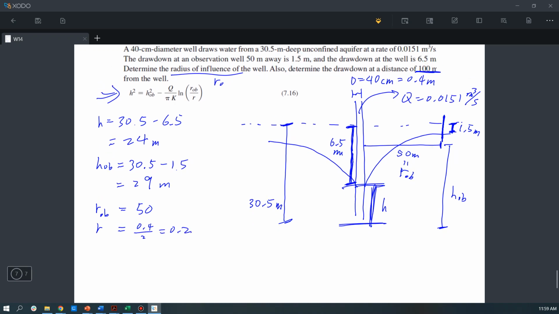So the only unknown in this equation is K. So we can plug in all those numbers. 24 squared minus 29 squared equals the discharge 0.0151 divided by pi times K times log of 50 divided by 0.2.